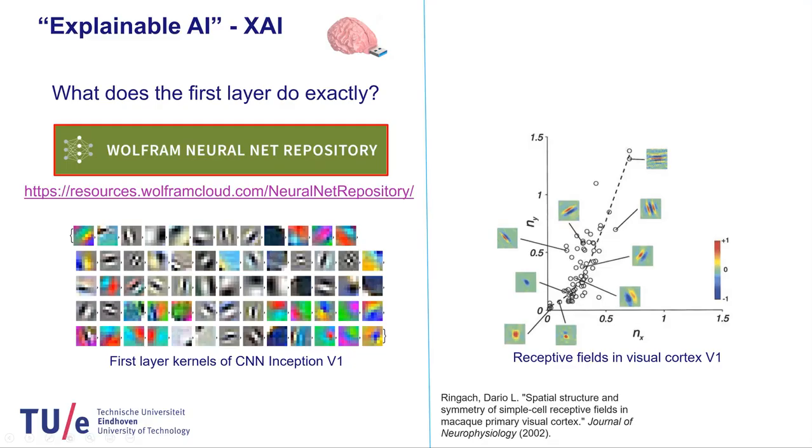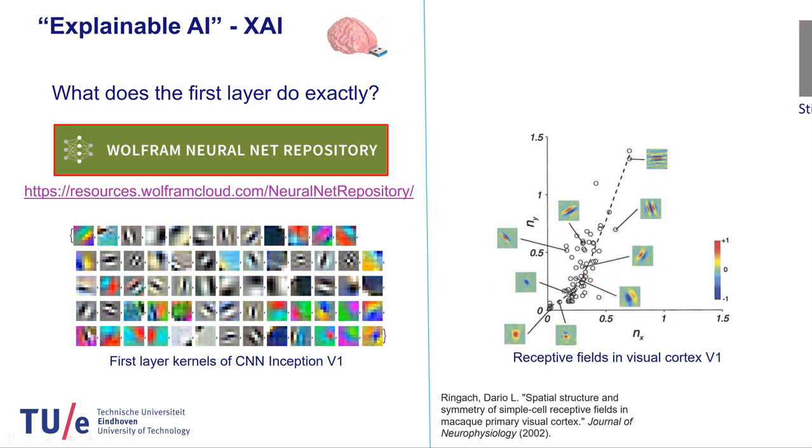So what we measure in the visual system is here to the right. And you see that in the visual system, in V1, in the cortex, we find similar filters that have the shape like we see to the left, and we see to the right.